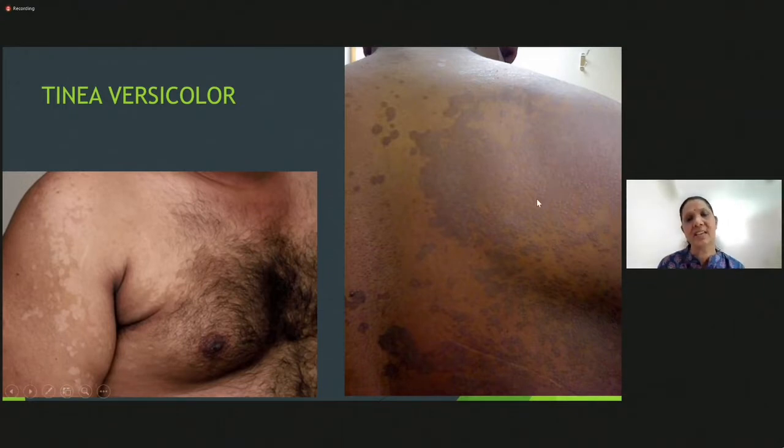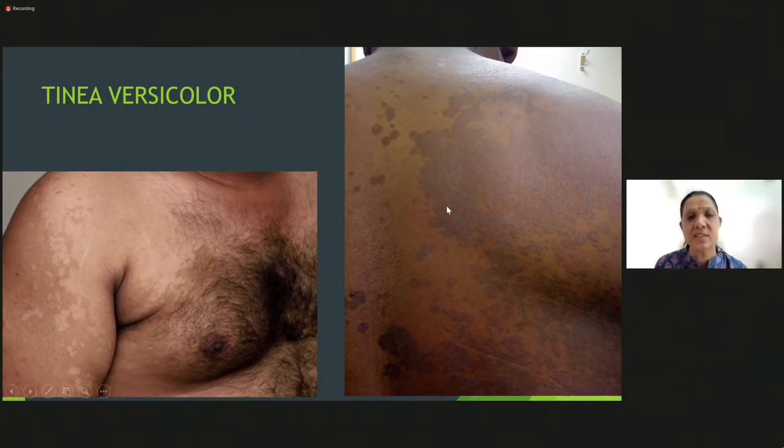Tinea versicolor can present with multiple macules which are mildly scaly, and they have polycyclic margins because the fungus grows wherever there is a lot of sebum. So that's why the hairy areas, trunk, and face will have this infection, and when the macules join together, they have these polycyclic margins.